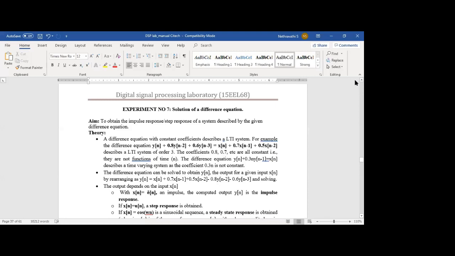The earlier one is not time varying, while this one is, and the coefficient 0.3 into n is not a constant value.